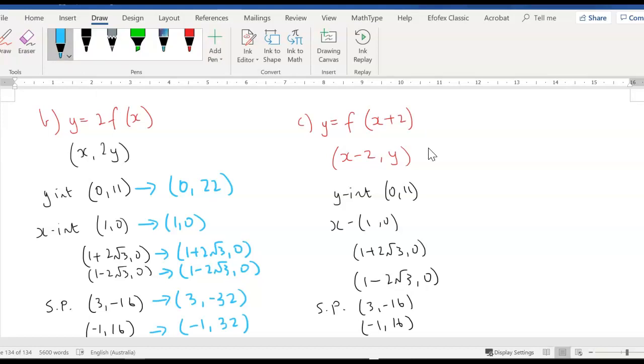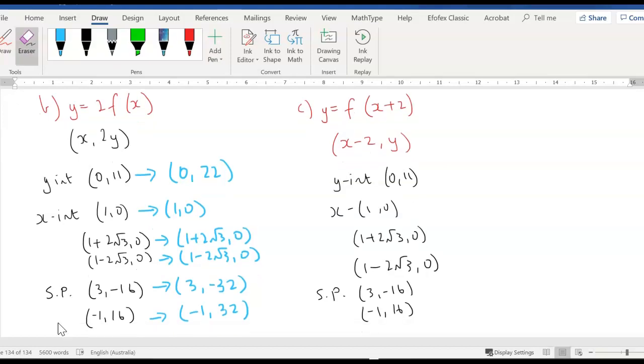Each x coordinate is changing, but your y coordinate is staying the same. So if we subtract 2 from that x coordinate, we get (-2, 11). Now remember, that's not your y-intercept, that's just where that point has now moved. If you wanted your new y-intercept, you just substitute x plus 2 into your function, which you can easily do on your calculator.